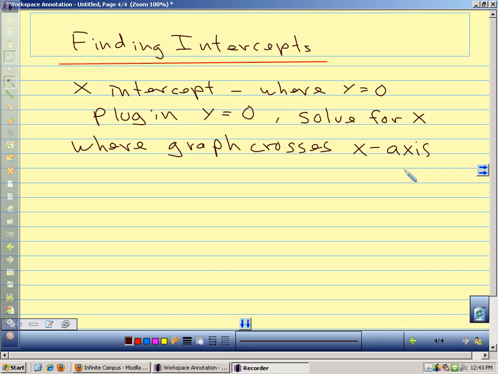That's what the x-intercept is telling us. It's where the graph is crossing or intercepting the x-axis. So to find the x-intercept, we plug in y equals 0 and solve for x.